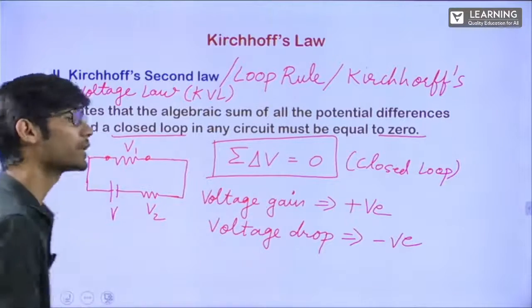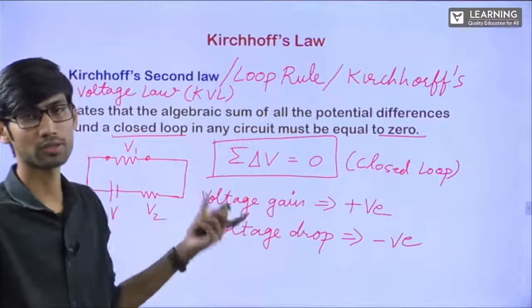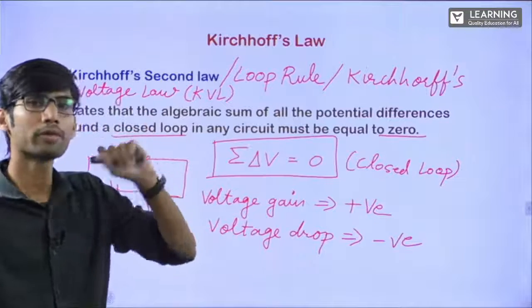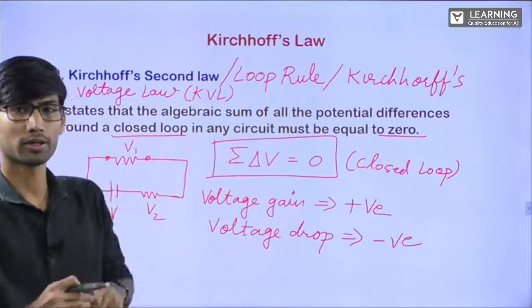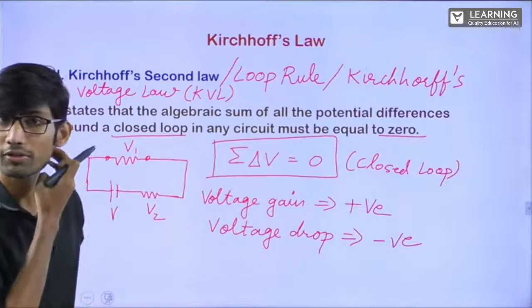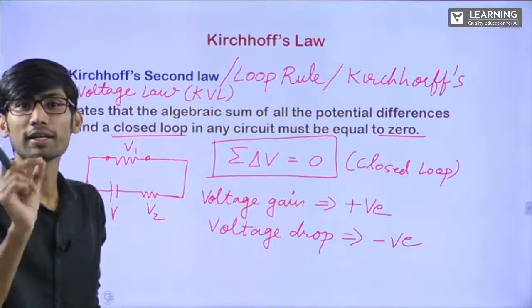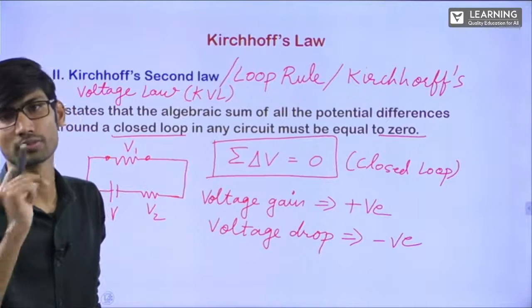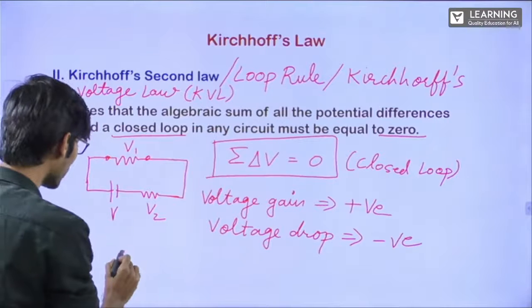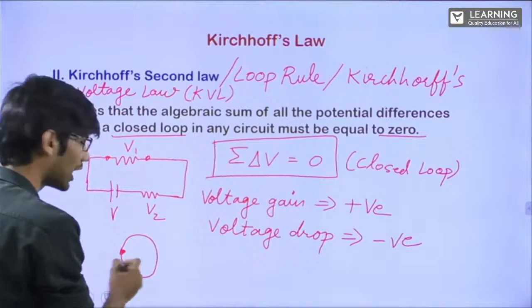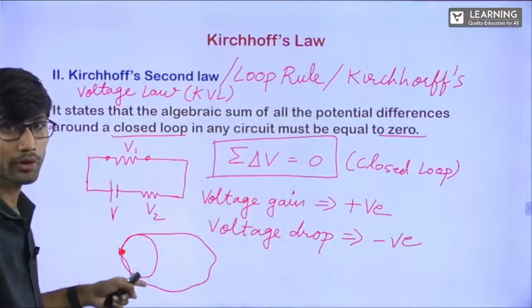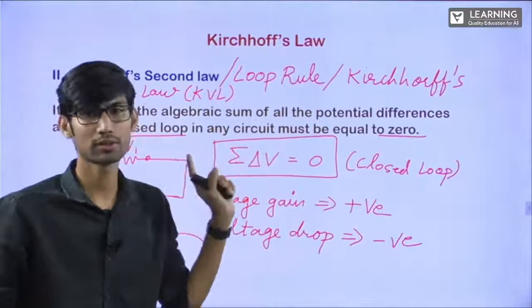If you remember when I explained about potential, the very first thing was potential does not depend on path, it depends on position. That's the reason in a loop it is 0. However I come back, if I'm coming back to the same point, sigma delta V is 0, right?